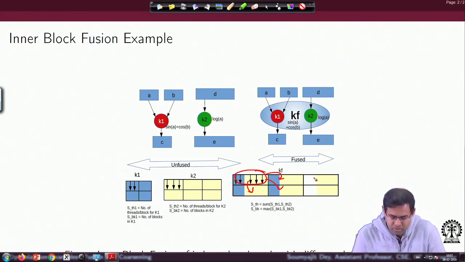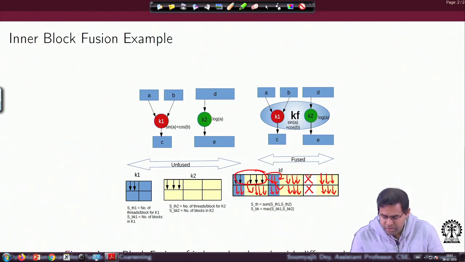But observe that I am not going to have activity for kernel 1 here, right. So, in this portion there would be no activity for kernel 1, so what I would just have is only the K2 threads. Here I have threads for everybody and similarly here, right. But here I do not have any activity.